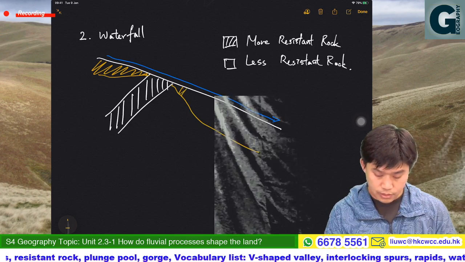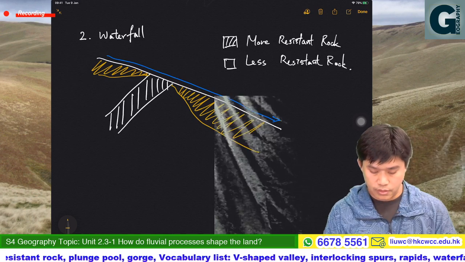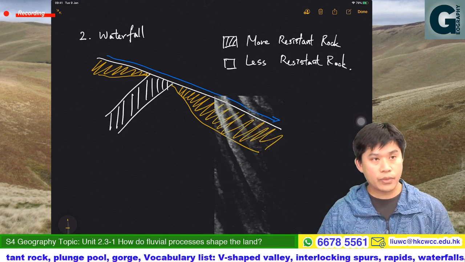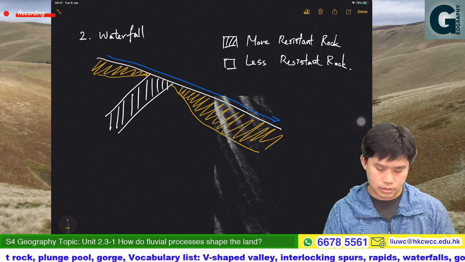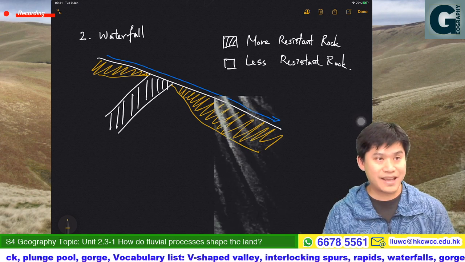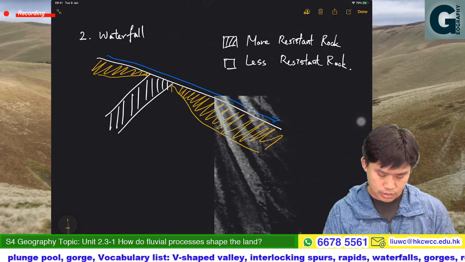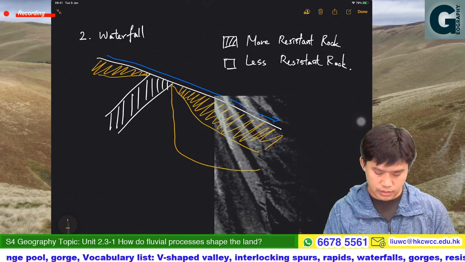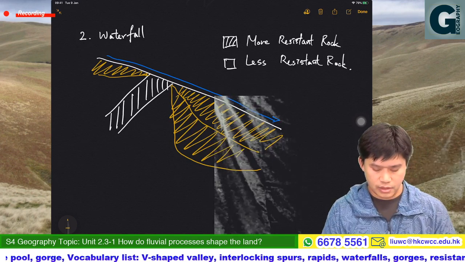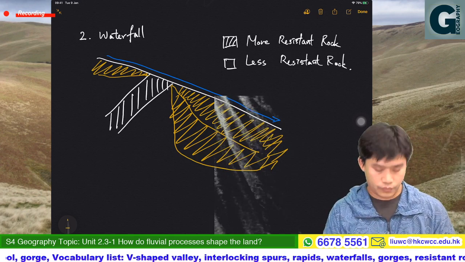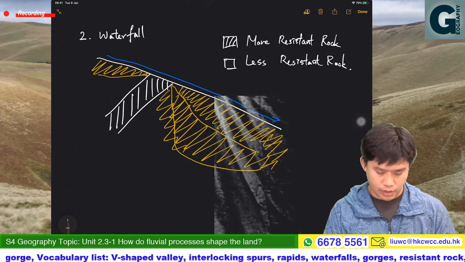that part could be eroded. If the erosion takes place continuously, maybe the whole part, maybe here, it will be eroded.